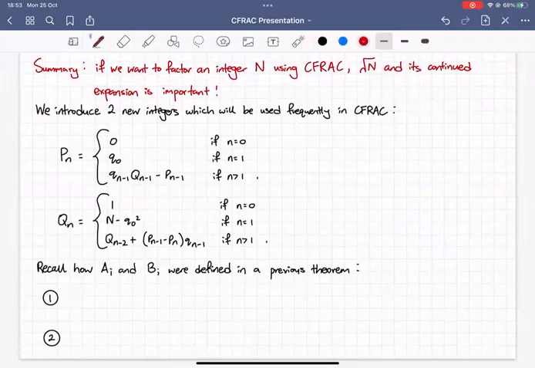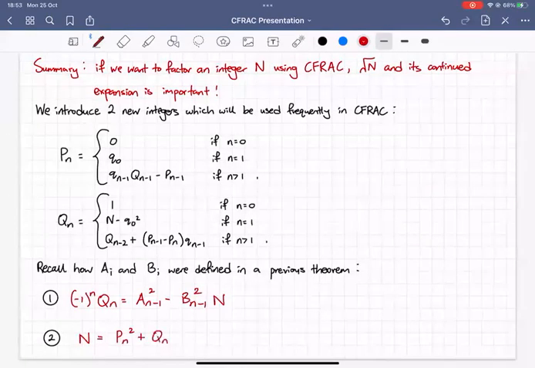When used in conjunction with the PNs and the QNs, we get the following 2 equations. So we have minus 1 to the n, q to the qn equals this. And the second equation, like that.